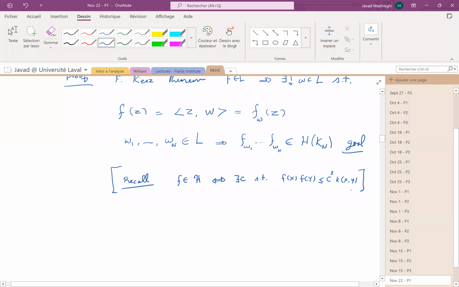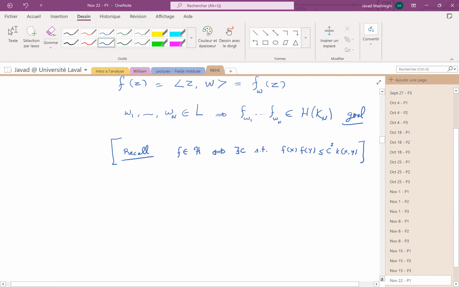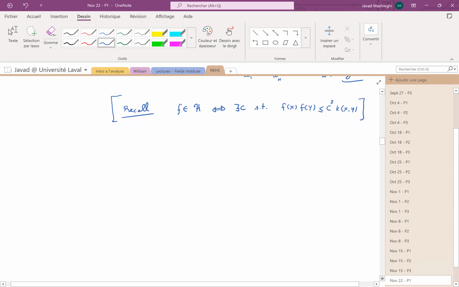And we even had some more explanation about the minimum C that we can put there, but now this is enough for us. And this is one thing that we used before, but we use it again here.